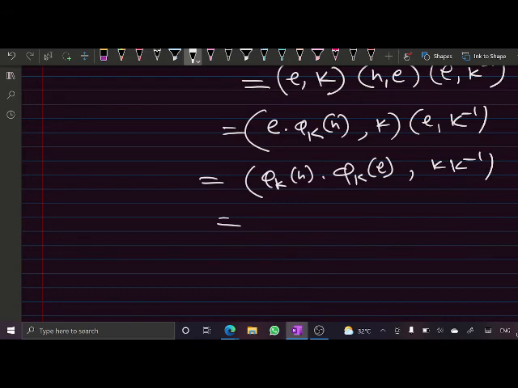Since phi_k is an automorphism, e goes to e, so it is (phi_k(h), e), and this is the identity.